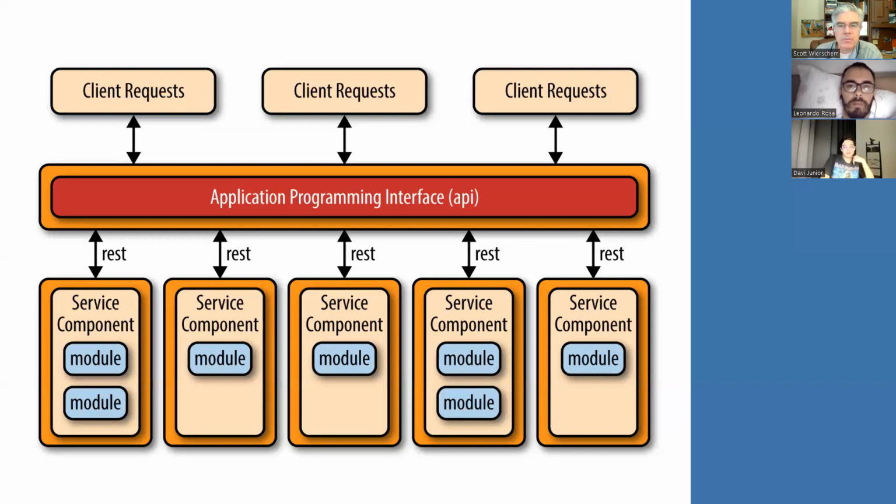That required your monolithic application to be able to break off autonomous chunks that can be deployed independently of the rest of the application. So that started to move toward what's called a service-oriented architecture.